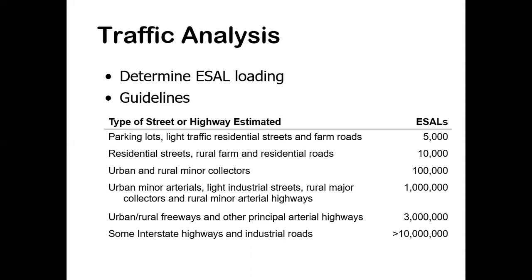For urban and rural minor collectors, it can be 100,000. Urban minor arterials, light interstate streets, rural major collectors, and rural minor arterial highways, it's 1 million. Urban freeways and municipal arterials, more than 3 million. And some provincial highways and industry roads have more than 10 million.